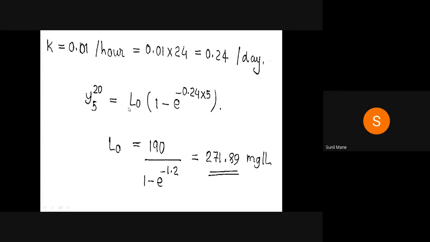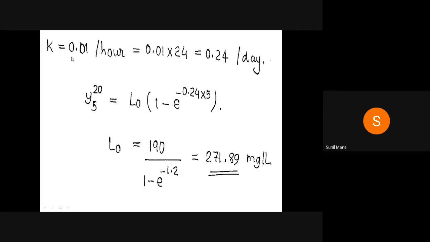That is a very easy thing, but one more aspect we should consider over here is K. Whenever K is given as a figure per day, that is fine, and we can directly utilize that result. But in this equation we have to utilize the constant per day.